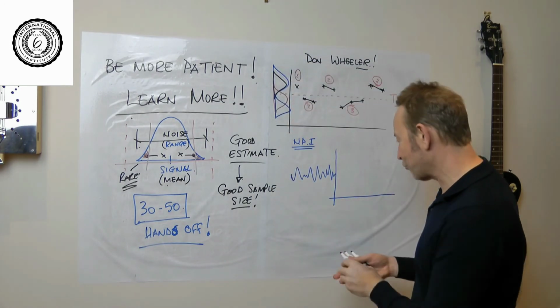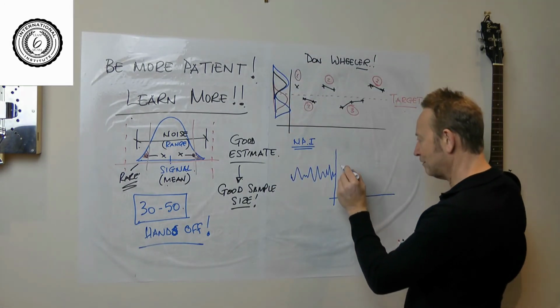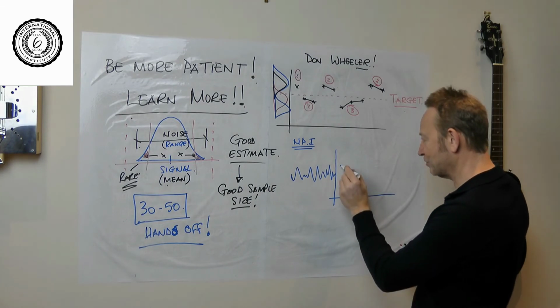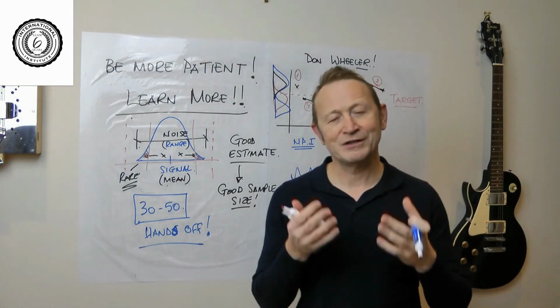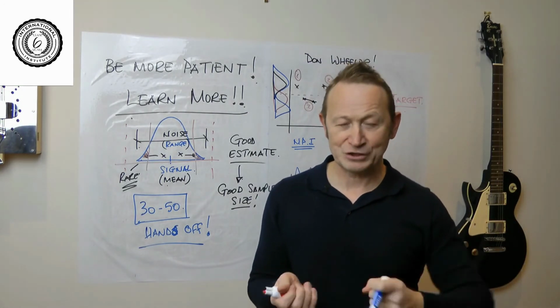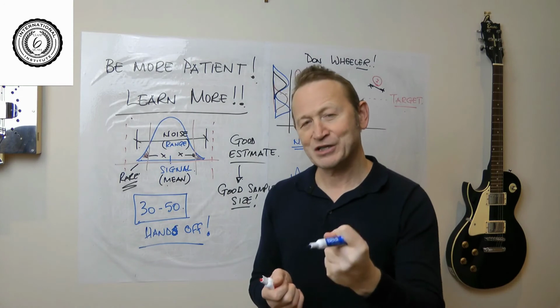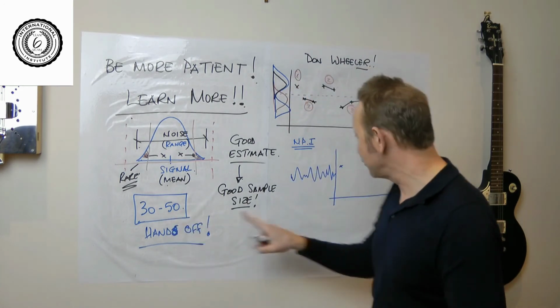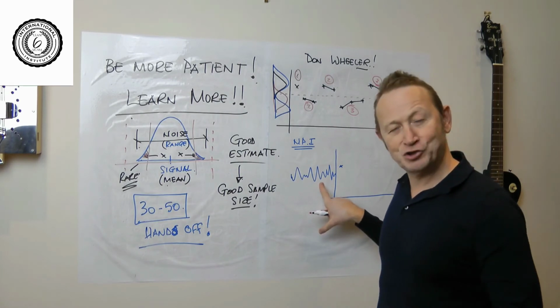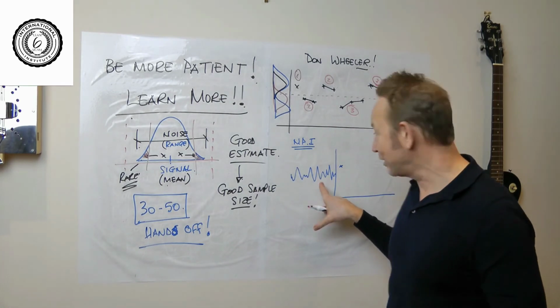You show him the graph so that when he gets a data point, you're comparing the data point to the previous run. You're comparing the data point to what happened before. Now I don't have to wait for 30 to start to make a judgment on how my process is running.